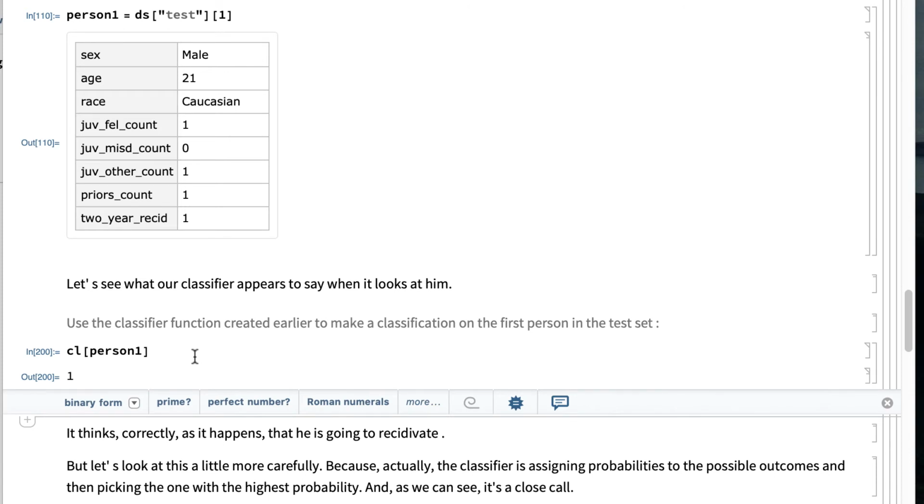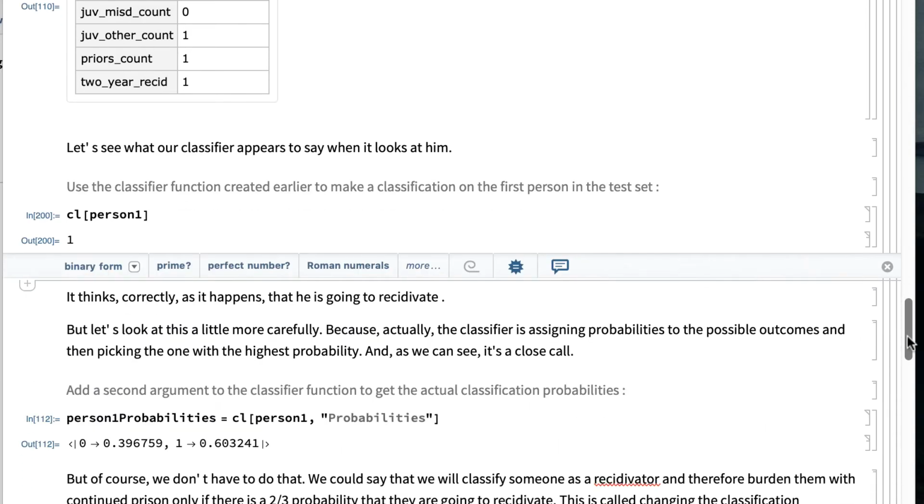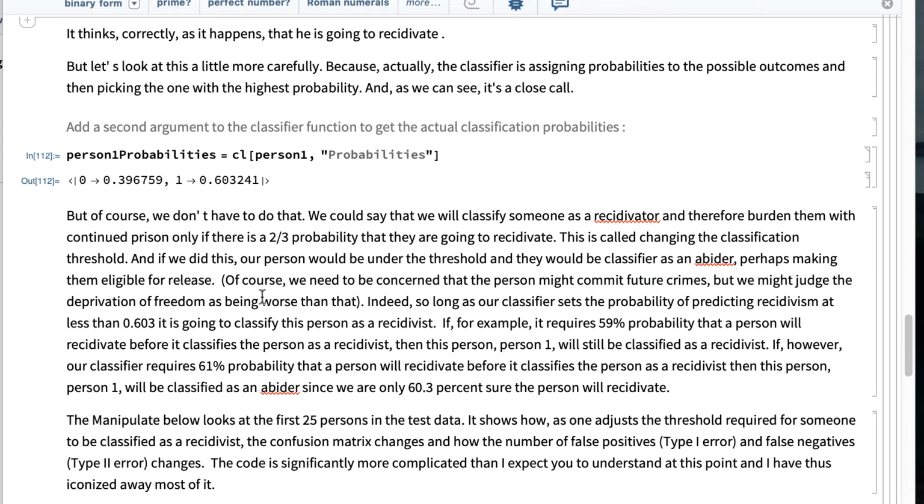But that's somewhat of a shortcut for what's really going on inside the classifier. What's really going on is that it's coming up with a categorical distribution over whether the person is going to recidivate or not, and assigning probabilities.